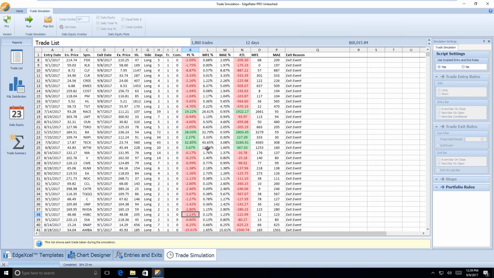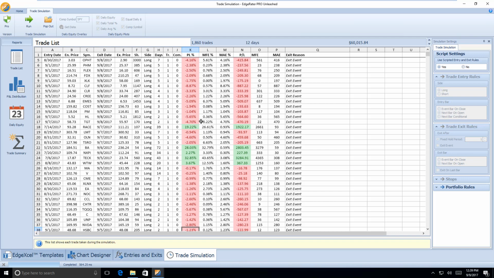So 5 out of 38 is 13-ish%. The system normally will expect around 30 to 35% winning trades. So we've had fewer than normal this week, but that's only a 4-day week, so it's a very small amount of time to draw any information from.